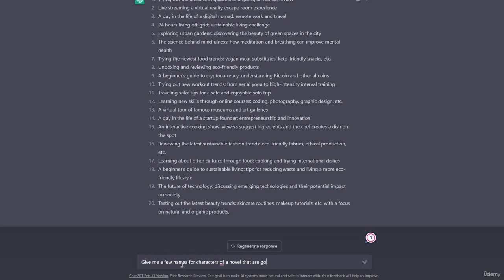So I want a few names for characters in a novel that are brave. So the condition is the fact that I want the names to sound like those of brave people.